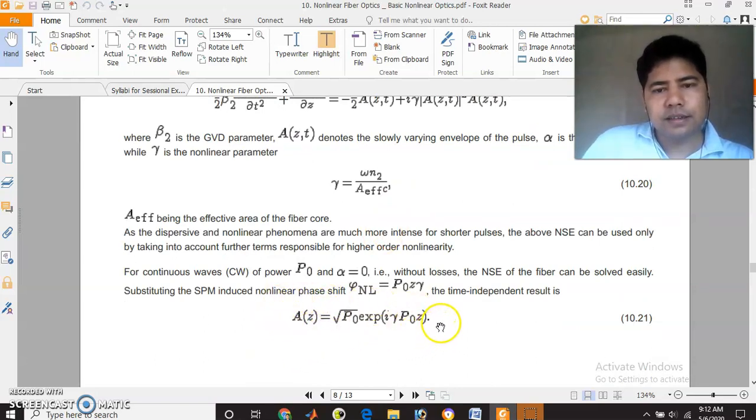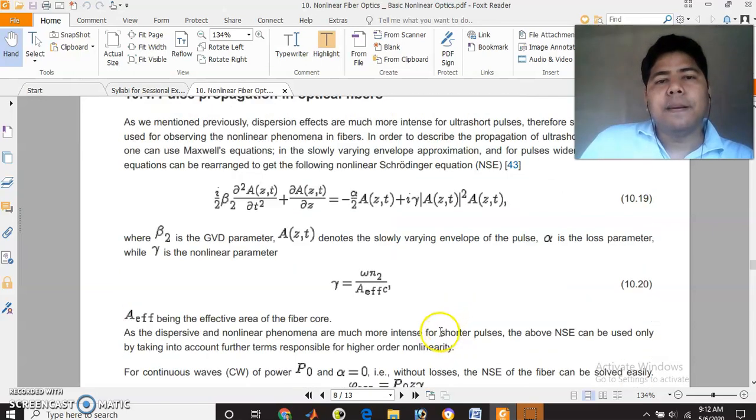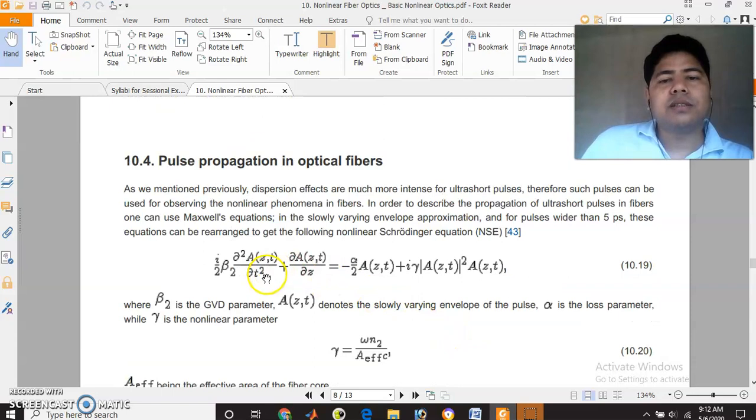Okay, that is the expression of A. This way, we can count how the pulse will be propagating through optical fiber, and all other phenomena of soliton propagation, self-phase modulation, cross-phase modulation, four-wave mixing, and all the phenomena related to dispersion can be studied by this equation, which is called the nonlinear Schrodinger equation, which deals with pulse propagation in optical fibers.